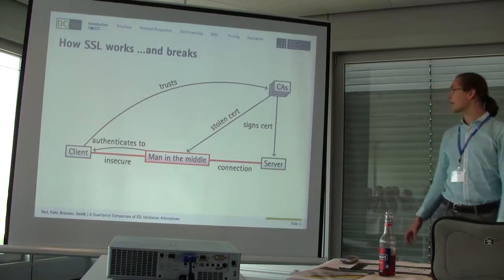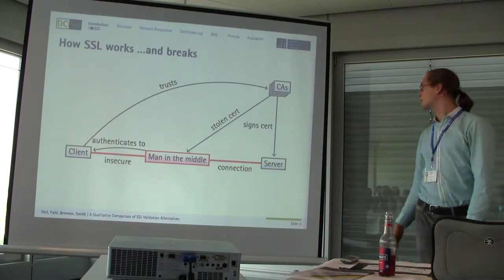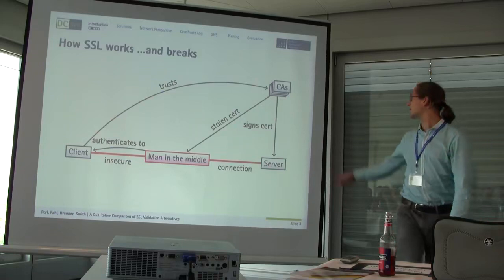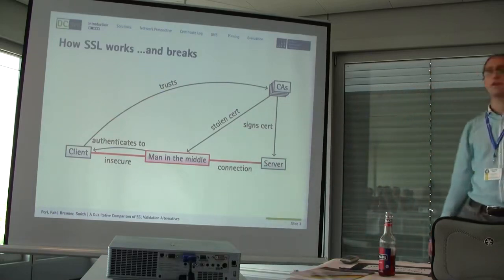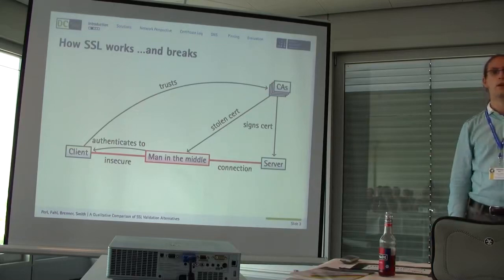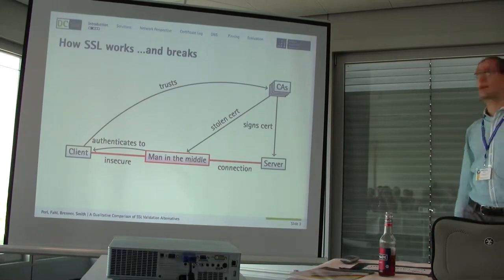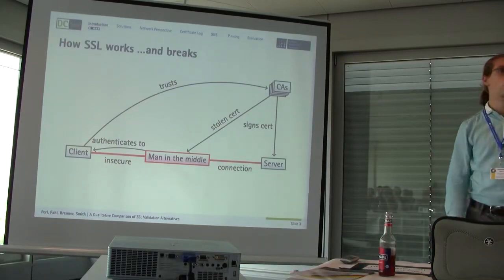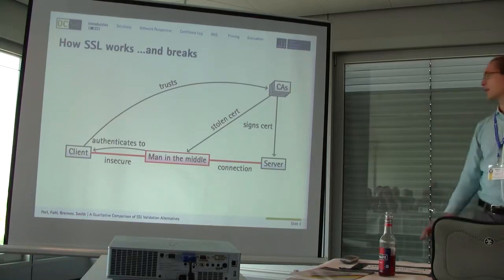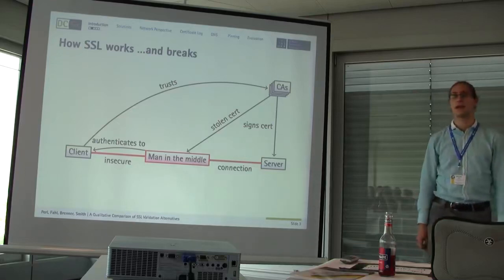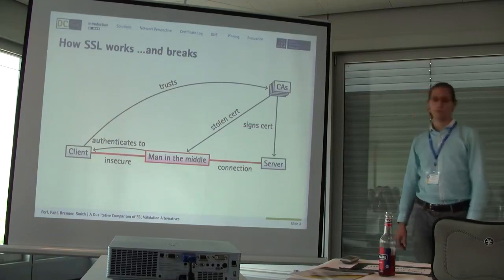So even in that case, when the client does validate the certificate it gets, the CAs could issue malicious certificates to an attacker, and then the attacker could present a presumably valid certificate to the client, and no browser warning would show up, no user interaction would pop up, the bar would just go green, and the client would not be able to tell a valid certificate from a malicious certificate.